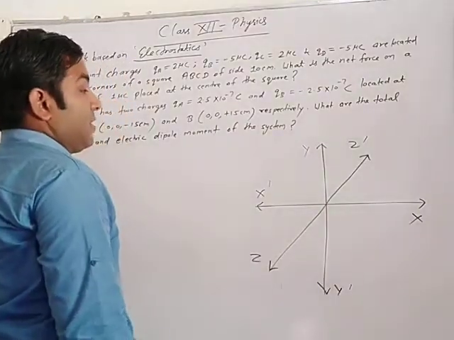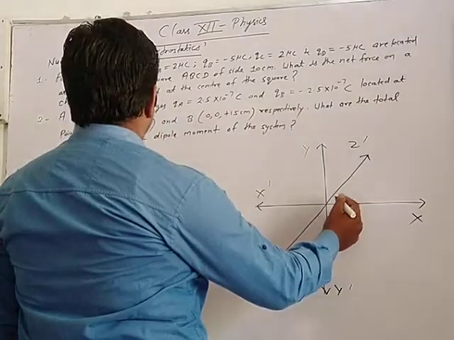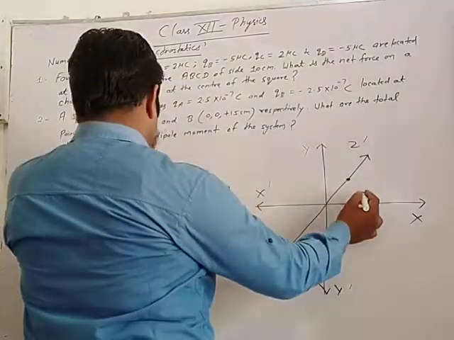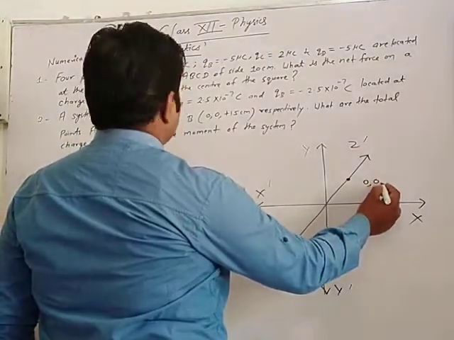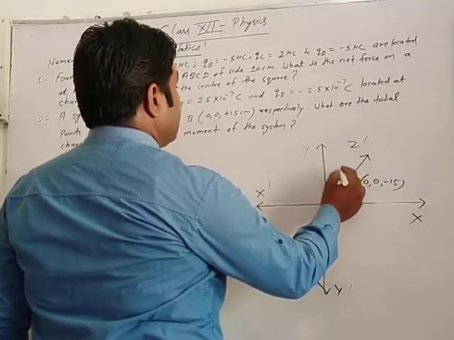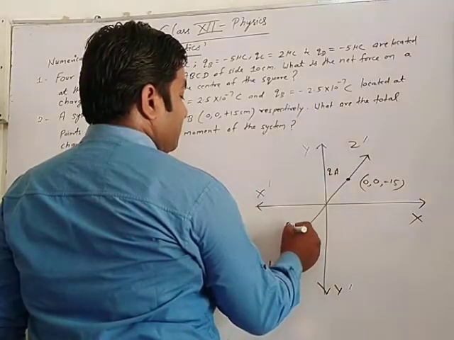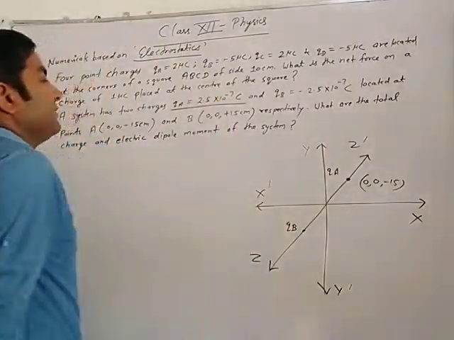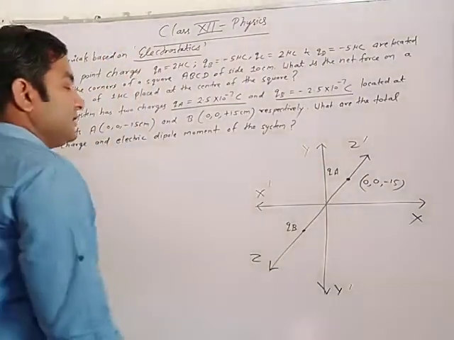So here QA is at 0, minus 15, and here the charge is QB. QA value is given as 2.5 into 10 power minus 7, and QB value is also given as 2.5 into 10 power minus 7 with a negative sign.